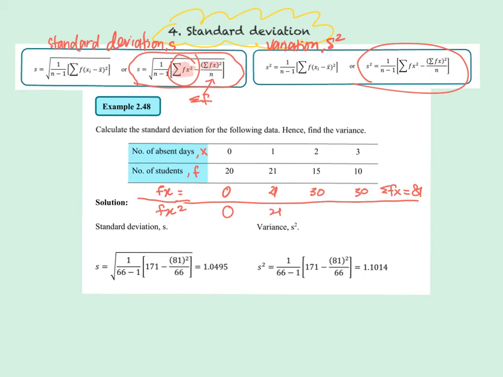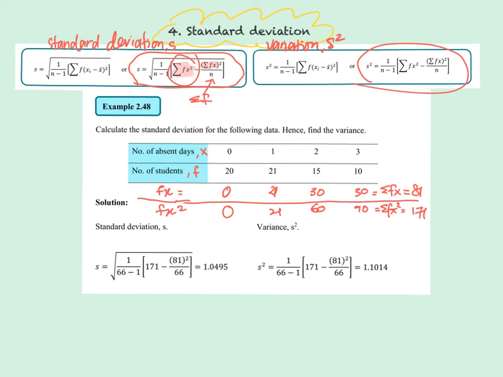The next number, 15 multiplied by 2 multiplied by 2, so you're going to get 60. 10 multiplied by 3 multiplied by 3, so this one is 90. If you total everything, 90 plus 60 plus 21, the answer is 171.